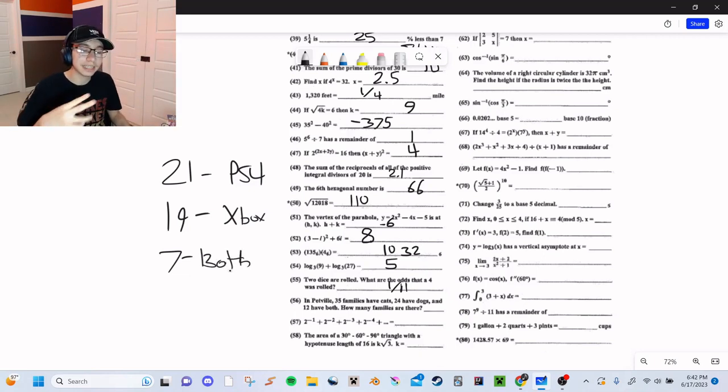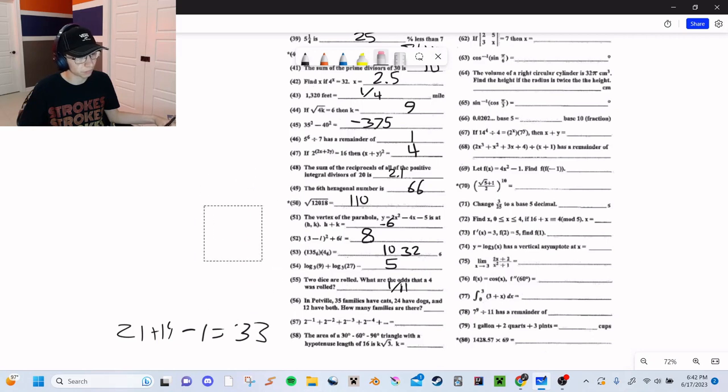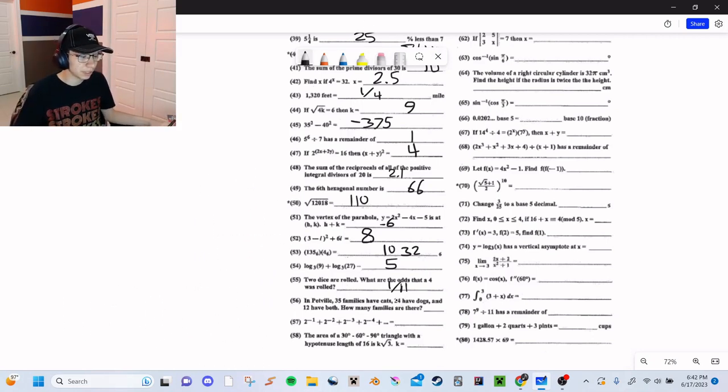Then how many kids did we survey? Well, it'd be 21 plus 19 minus 7. 33. There's an example. So our answer here was 35 plus 24, which is 59, minus 12, 47.